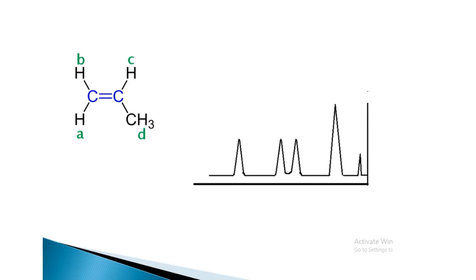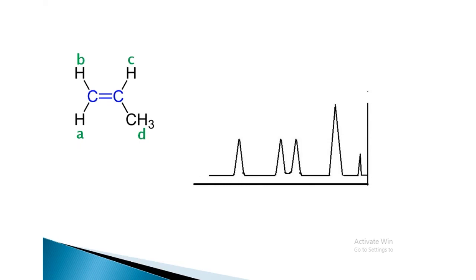Now remember, not only the electronegative atom causes your peaks to be shifted, but also multiple bonds. In this example, we have a carbon-carbon double bond, and any hydrogen closer to the double bond will have more shifting. Let us assign the hydrogens in the given signals. At first glance, you might think that the hydrogens A, B, and C are at equal distance to the double bond, and in fact they are.